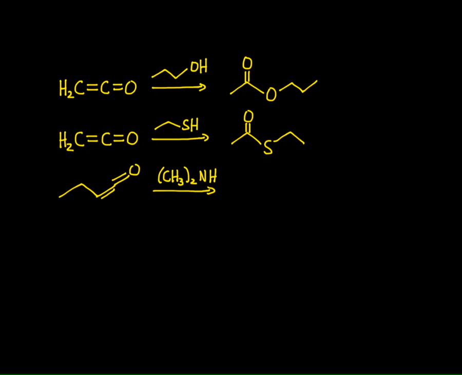We can draw it looking like this. So here I have an ethyl group coming off of that ketene, and if I react it with dimethylamine, then I'm going to generate my dimethylbutanamide. Right? So this is a fairly easy, quick way of making carboxylic acid derivatives.